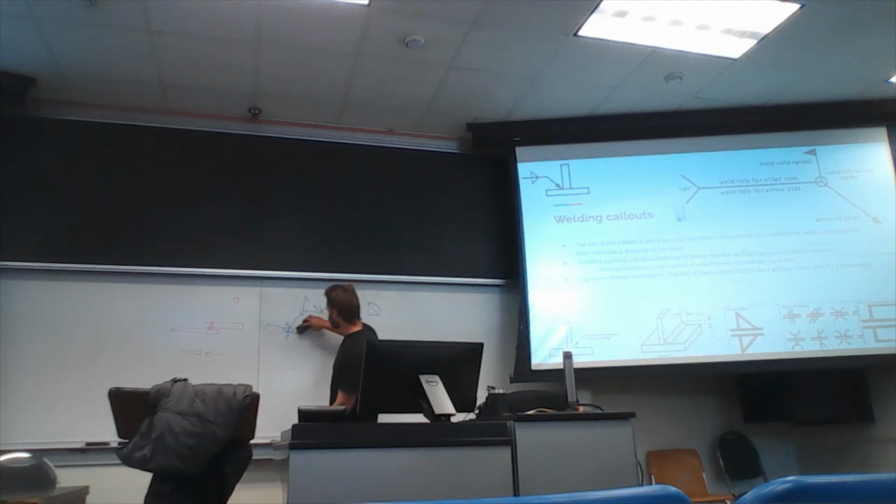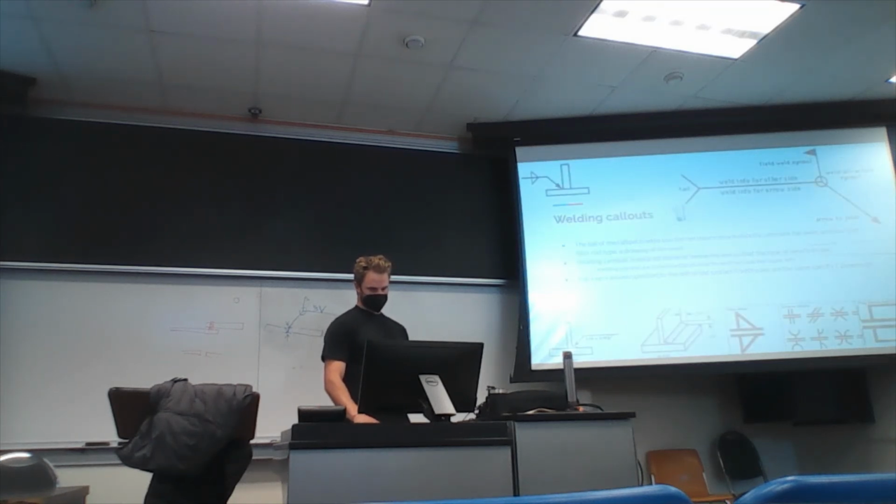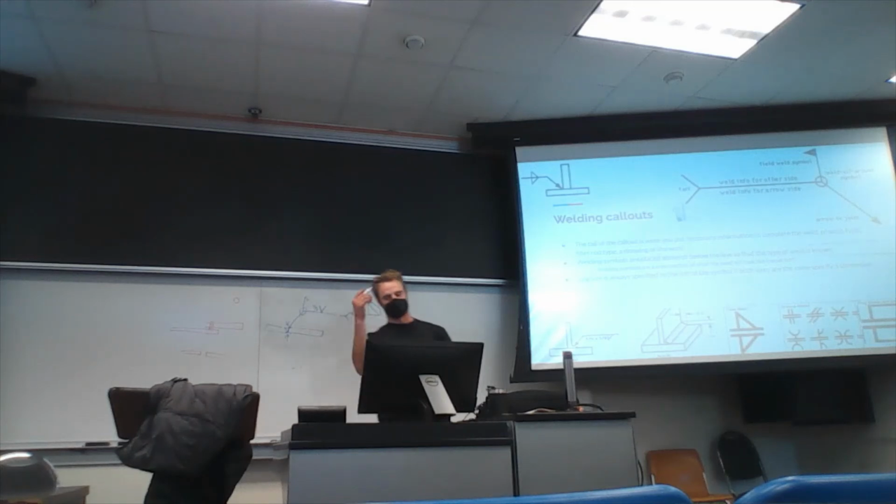If you want one to be different than the other, let me see if I have a picture for that. Oh, no, I do. If you want one to be different than the other, you just add this modifier where it's 1/2 inch by, let's say, 1/4 inch.